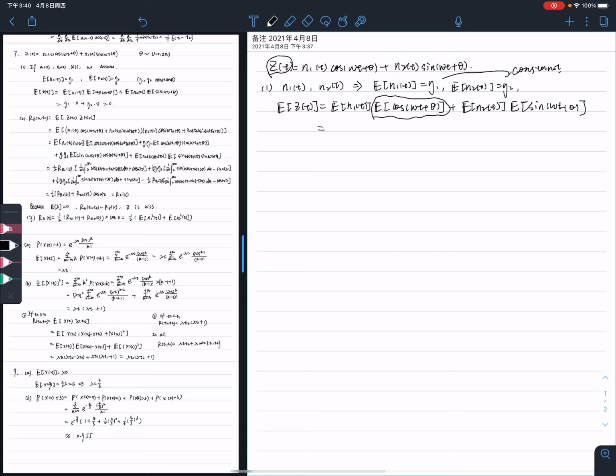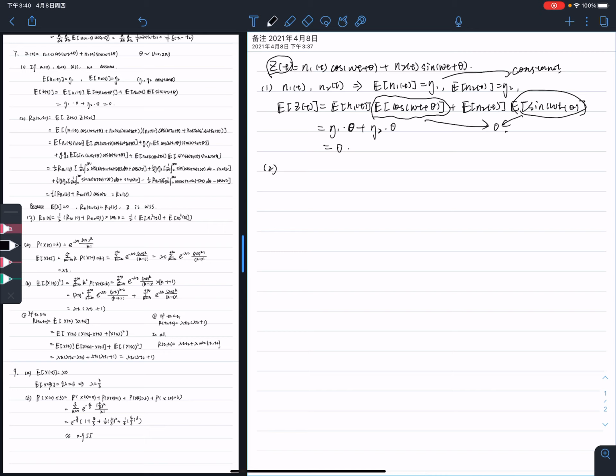We can note that these two parts are equal to 0. Therefore, it is η1 times 0 plus η2 times 0, so it is equal to 0. Therefore, the expectation of Z is 0.